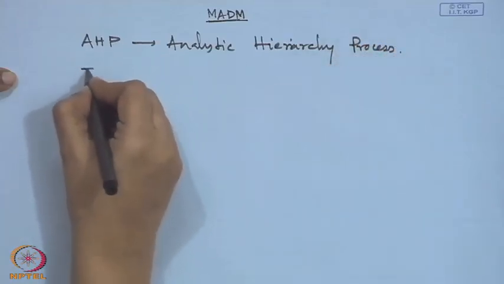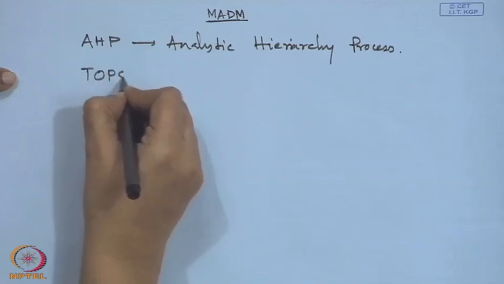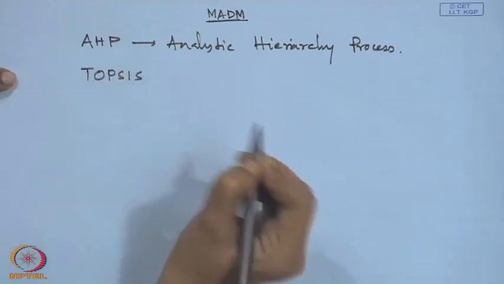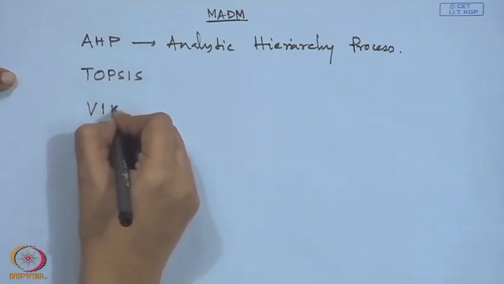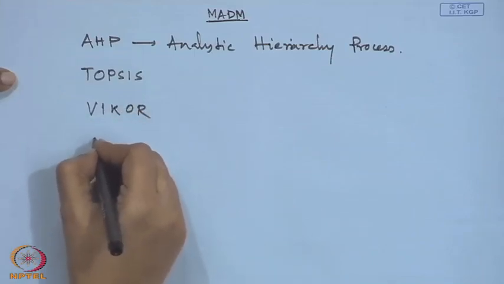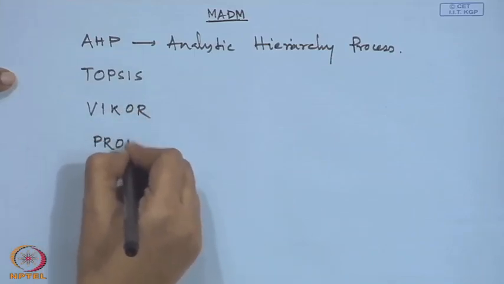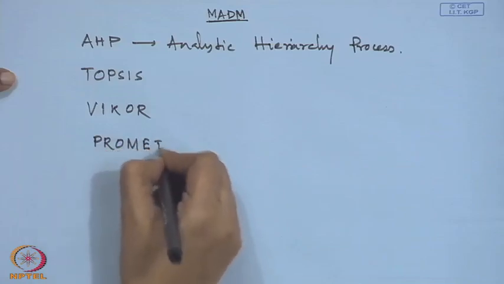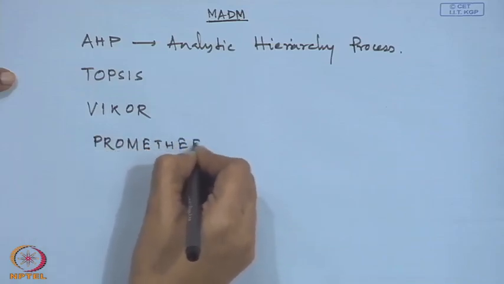There is another very well known method for multi-attribute, that is TOPSIS. There is another one, a weaker method, and we also have outranking methods, that is PROMETHEE.